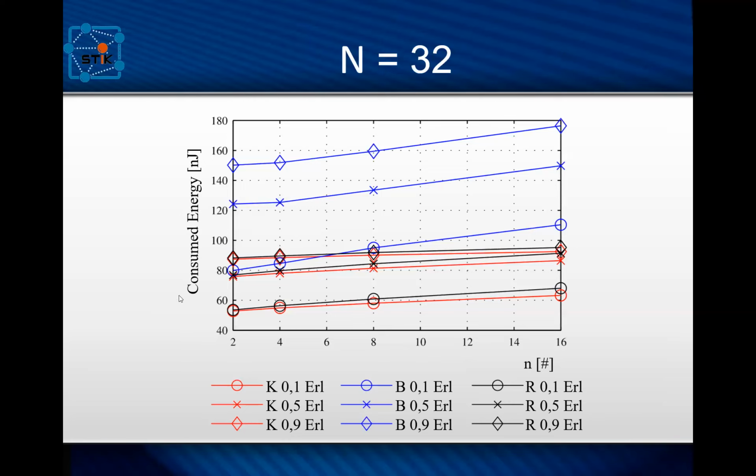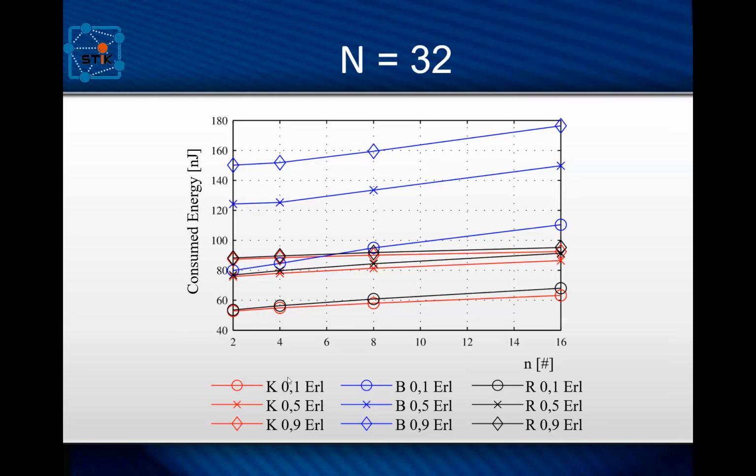On the next slides, I present electrical energy consumption for switching fabrics with different capacities, for n equal to 32, 128, and 512. The charts show results for different control algorithms and different control traffic intensities.